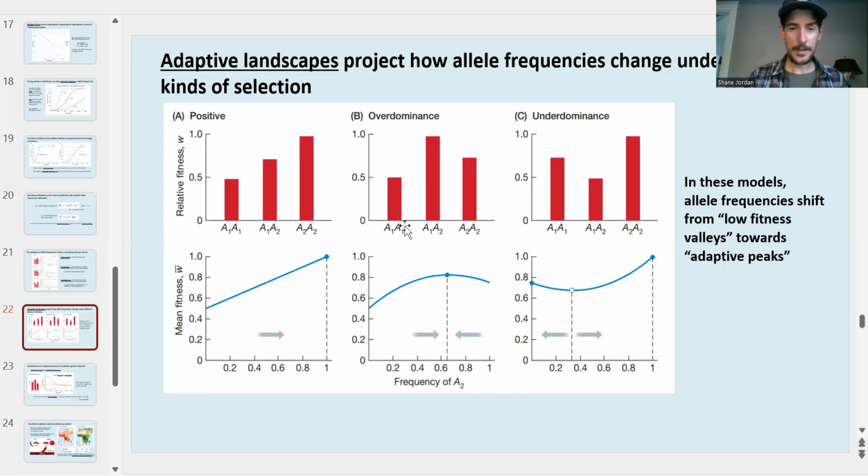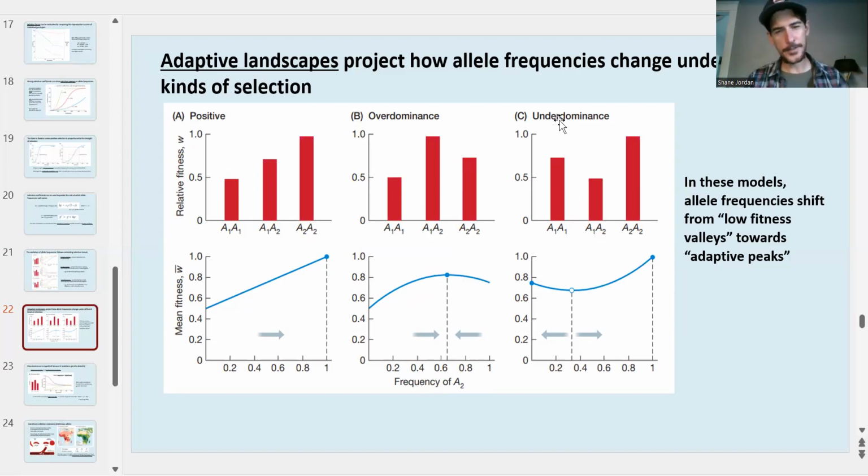And so just to reiterate, this down here is like the low fitness valley, and this here is like the high adaptive peak. In contrast, in this situation, we see this here as being a low fitness valley, and this here being a relatively low fitness valley, and this here being the high fitness peak. Highest fitness is achieved when the frequency of the mutant allele is close to 50%.